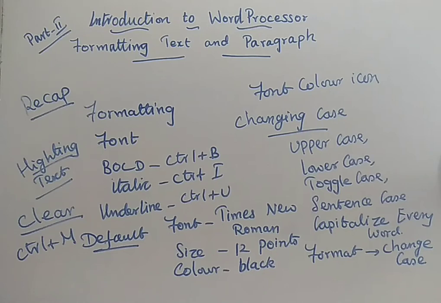You know how to select. How do you select? Just by pressing Control A, which selects the entire document. Otherwise, by pressing Shift plus arrow keys, or by holding Shift and dragging your mouse. For non-continuous selection, you click Control plus arrow keys, any combination based upon your need, or hold Control and drag your mouse over whichever places you need to select.